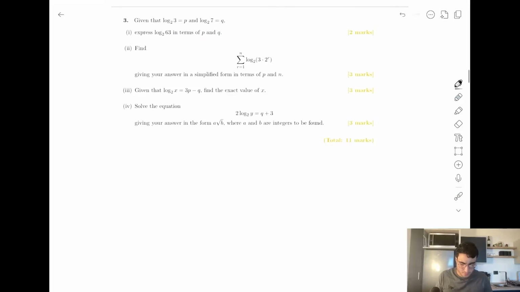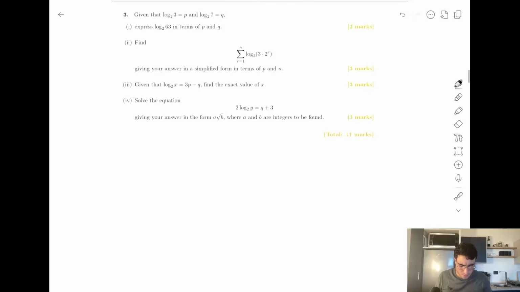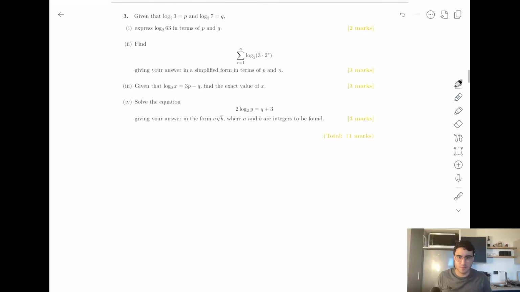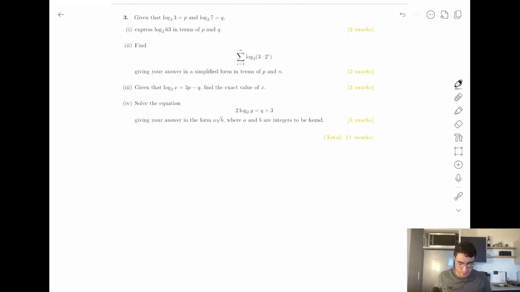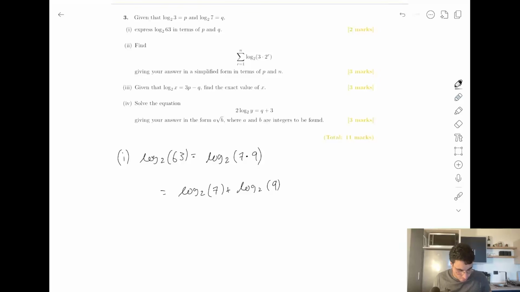So this is pretty simple. Log 2 of 63 equals 7 times 9, which equals log 2 of 7 plus log 2 of 9.